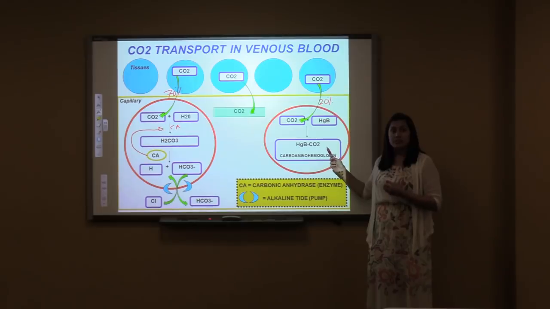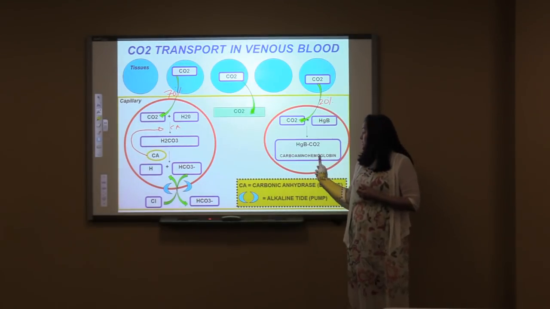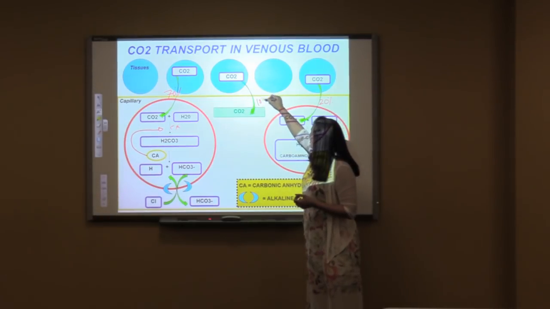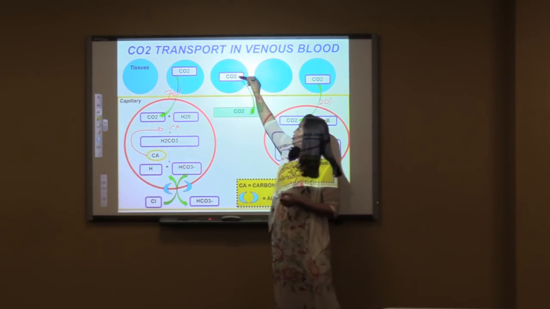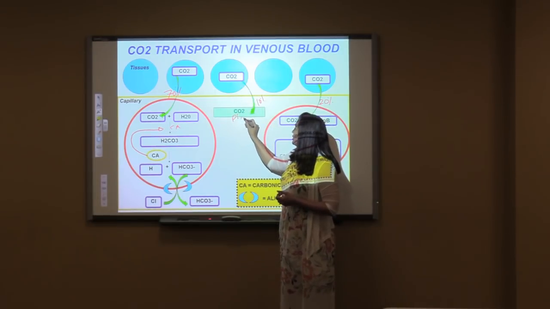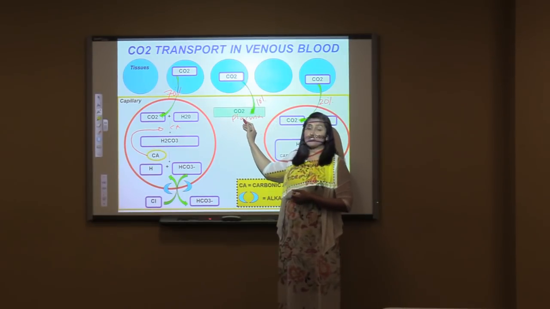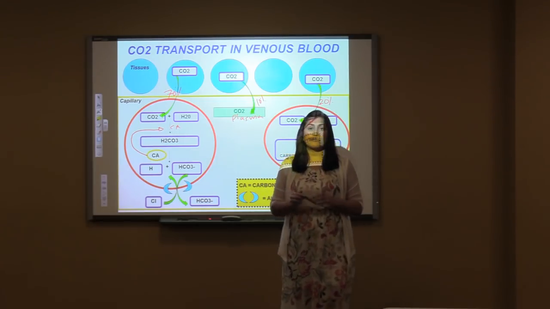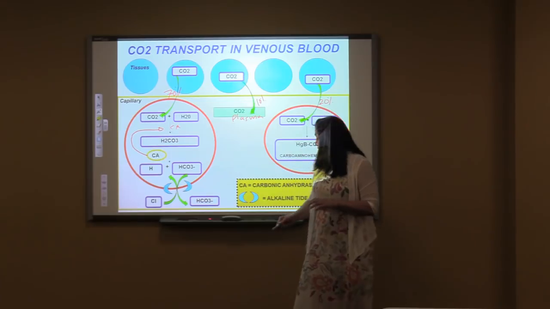So 20% of CO2 is transported in venous blood as carboaminohemoglobin. And 10% of CO2 will diffuse out and enter a capillary, and it will just dissolve in plasma. So 10% of CO2 is transported in venous blood dissolved in plasma.